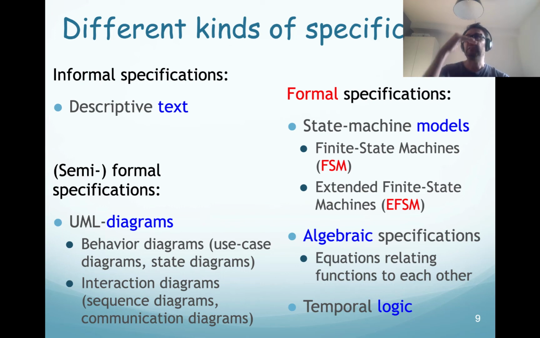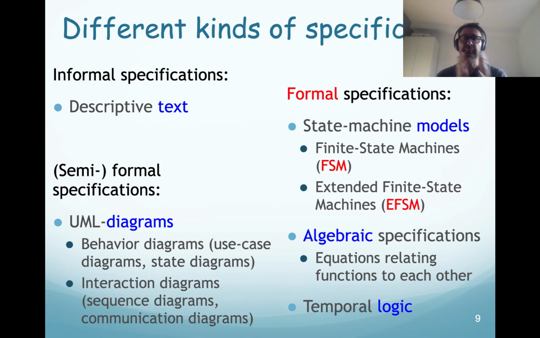So different types of modeling ways to model that can help you be exact in what should happen, in what order, what should be exactly the output given the input and so on.